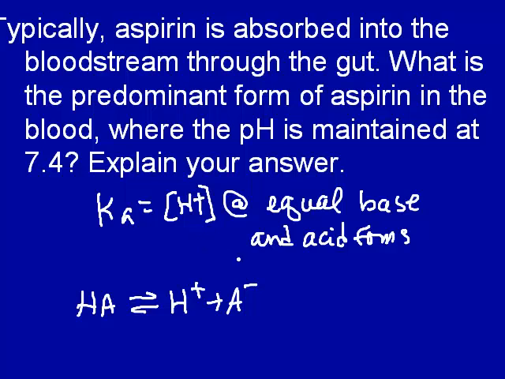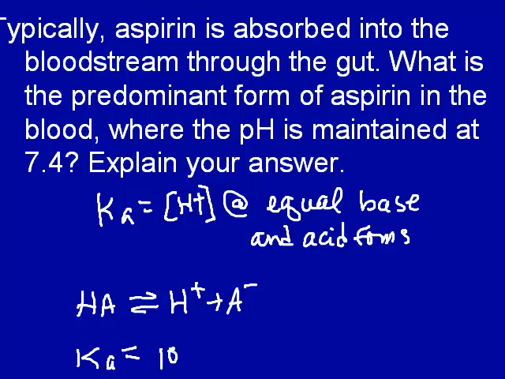Okay, so remember the Ka for this doesn't change when the aspirin goes from your stomach to your bloodstream. Ka is the same, it only depends upon temperature, and let's assume that the temperature in your stomach is equal to the temperature of your blood.